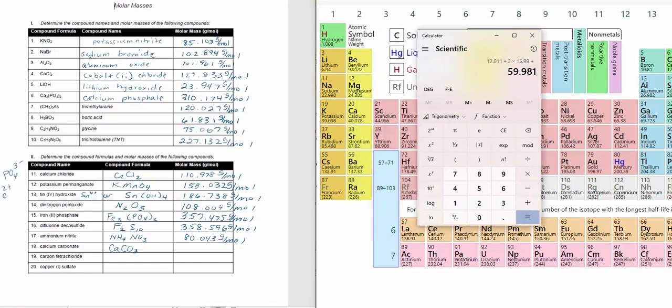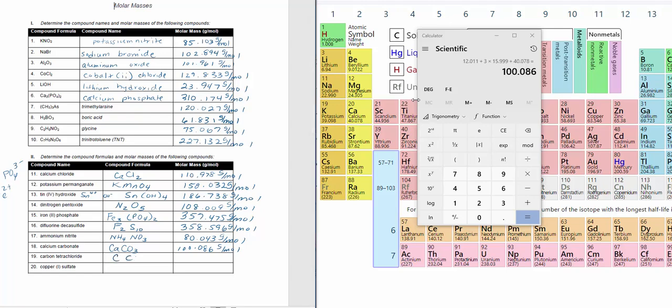Calcium has a mass of 40.078. I think I forgot a 9 on that oxygen. That's going to change the calculation only slightly. There we are, for a molar mass of 100.086, and that's grams per mole.